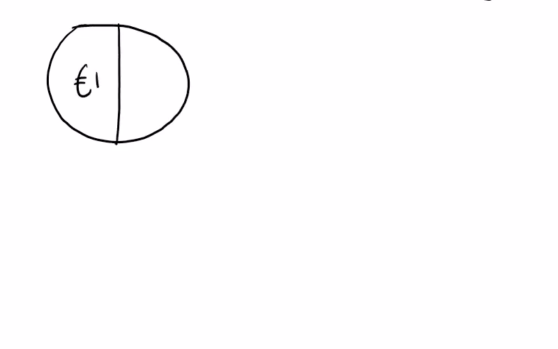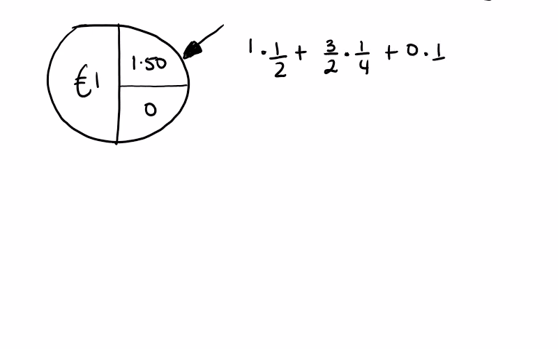Okay, let's change it slightly and see the difference in return. If we have €1 in here again for half of it, and we bring this, let's say it was €2, it's now €1.50, and we put 0 in here. So the spinner spins. What's the expected value of this game? We get €1 half the time. We get €1.50, which as a fraction is 3/2, 1/4 of the time, and we get 0 1/4 of the time.